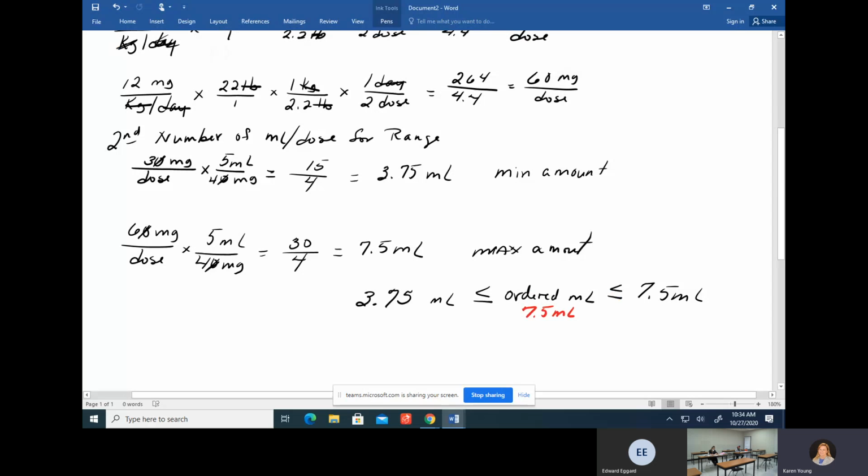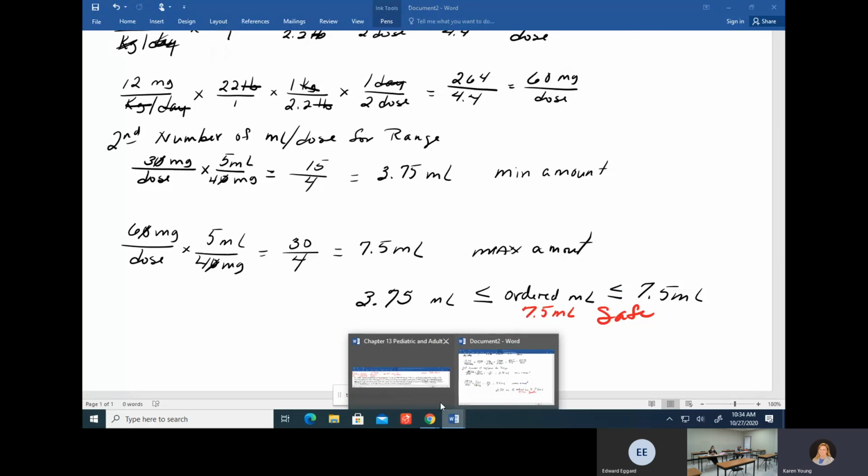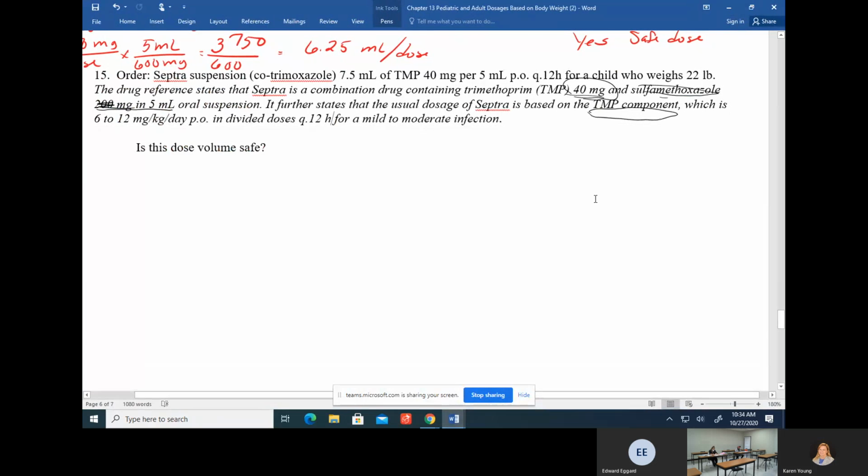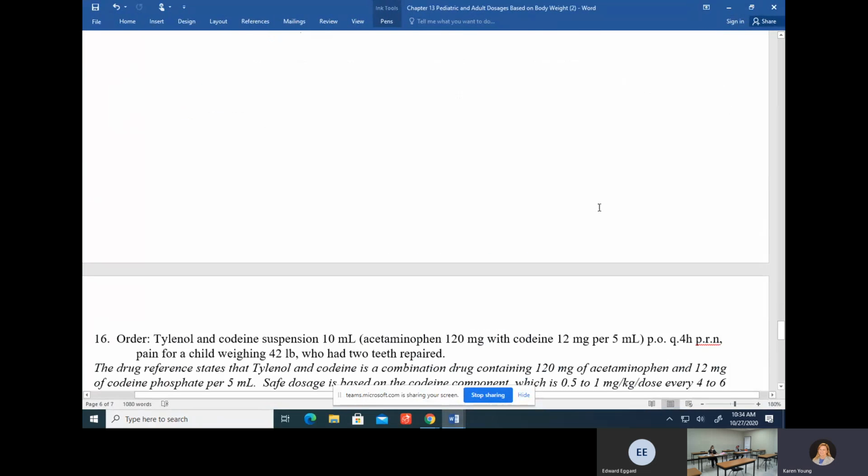So are we in a safe amount? Safe. So we can actually give the 7.5 milliliters. Then when you go to calculate how much you should give, you're going to give the 7.5 milliliters because that's what he's ordered. You just have to make sure that what the pharmacy has sent is what you're going to give.